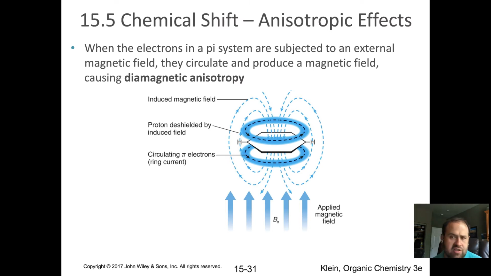There's one other effect than just electronegative atoms that changes the chemical shift, and that's what's known as anisotropy, diamagnetic anisotropy to be specific. But okay, forget all the fancy terminology. All it essentially means is if you have pi electrons, whether it be a double bond or a benzene ring where they're alternating around and they're actually all conjugated with each other, so it's a big giant ring of pi electrons.